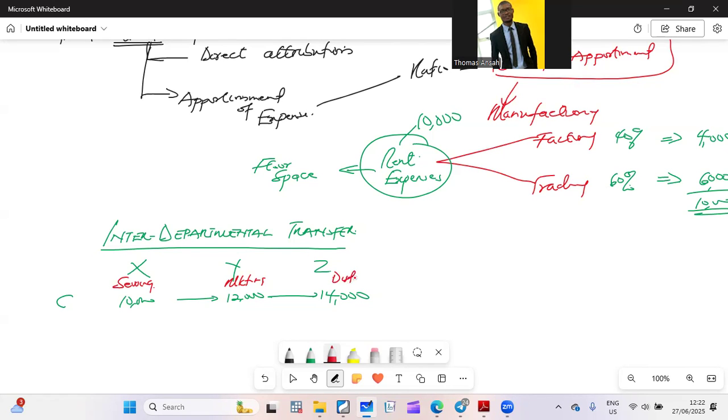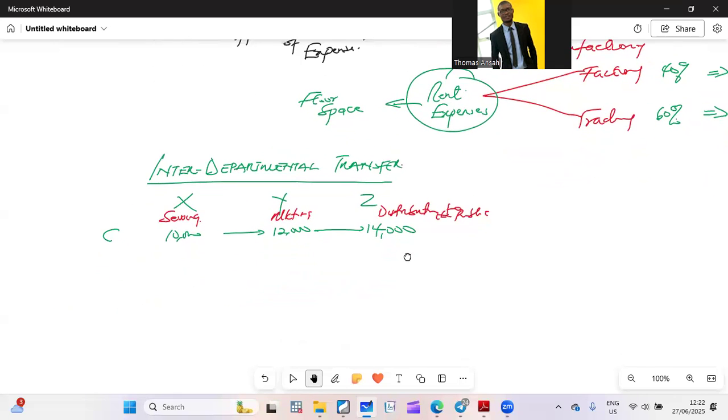Let's, for the sake of analysis, call this one distribution to the public, which can also be termed marketing anyway. Or let's call this one sewing, this one packaging, and this one marketing.